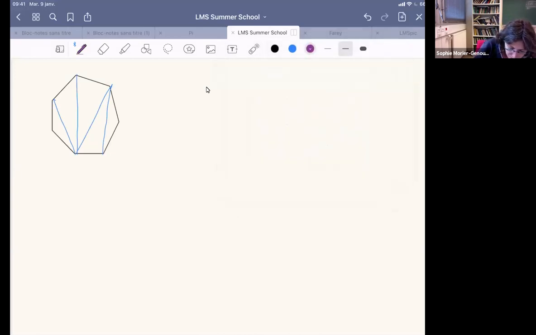If I glue a triangle anywhere, for example here, I will have a triangulated (n+1)-gon. If I start with an n-gon and glue a triangle, I have a triangulated (n+1)-gon. And in terms of the quiddity sequence, that means that I am doing this operation. I have these numbers c1, c2, ..., c(n-1), cn.